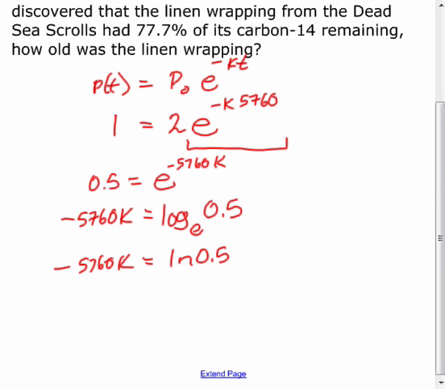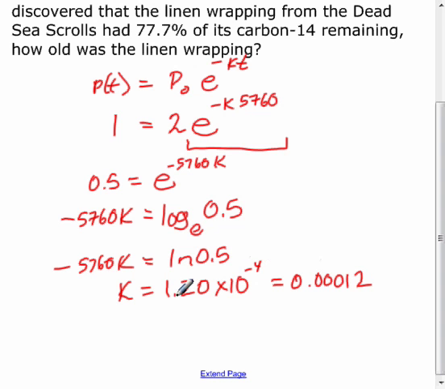I'll do that on my calculator. And I come up with k being equal to 1.20 times 10 to the minus 4. If you're not too familiar with scientific notation like this, we can also write this as 0.00012.